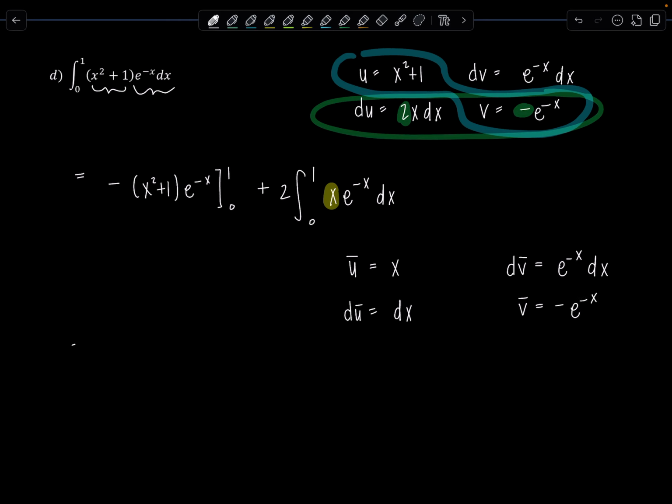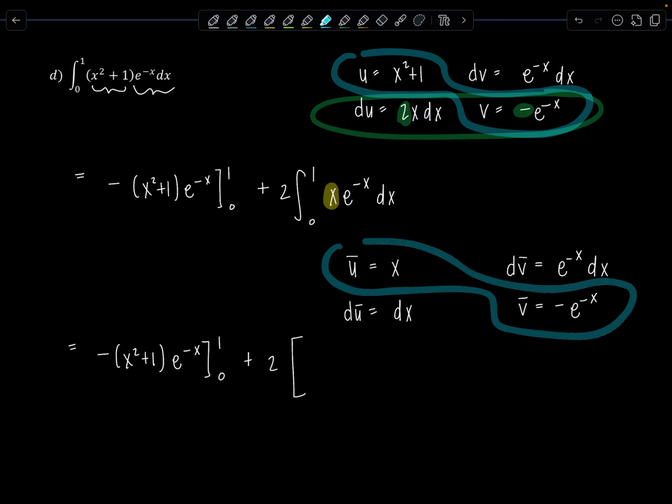All right, so let's see. We've got negative x squared plus 1, e to the negative x. I need to evaluate that from 0 to 1 later. Plus 2 times, okay, let's do this carefully. U bar v bar is negative x e to the negative x. This is also evaluated from 0 to 1.